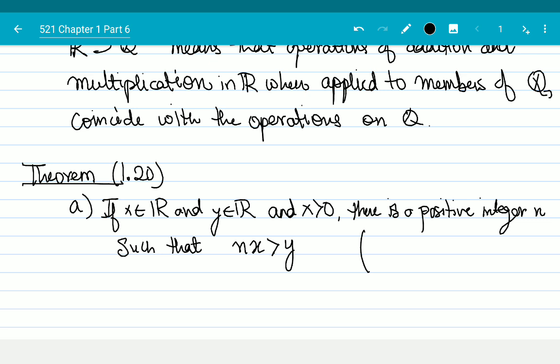So this is referred to as the Archimedean property of R.